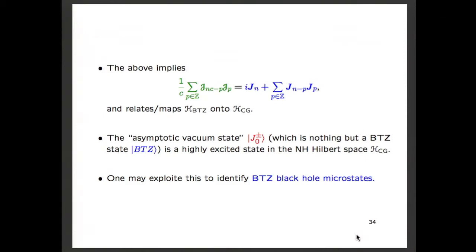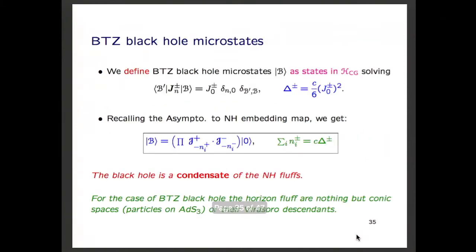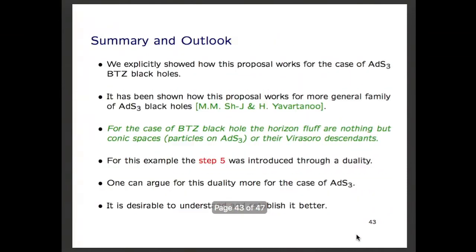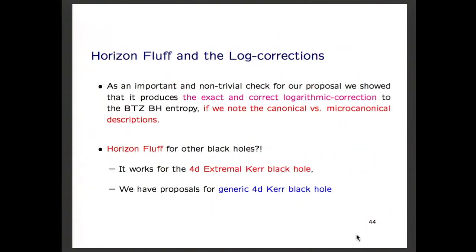But it's interesting to check in some specific examples whether this duality comes true or not. And then it's of course interesting to extend it beyond BTZ and three-dimensional black holes, in particular to the generic Kerr black hole. We have shown that it works for extremal Kerr, but we think that it should also work for the generic Kerr black hole.